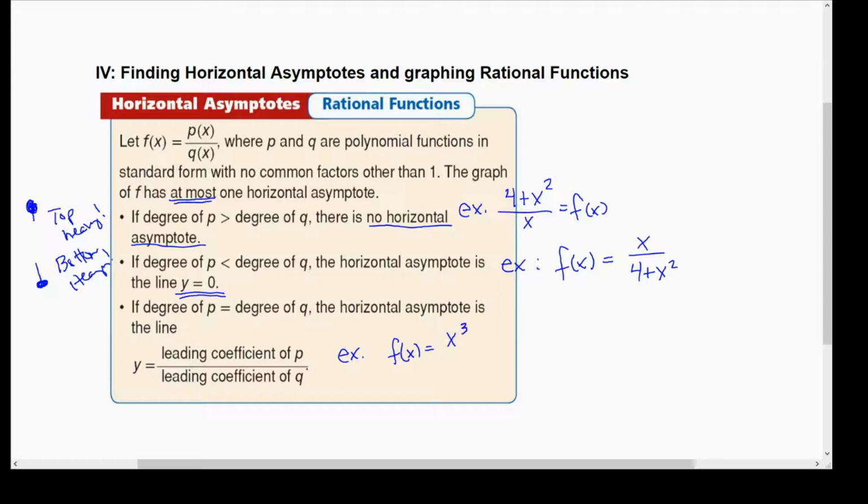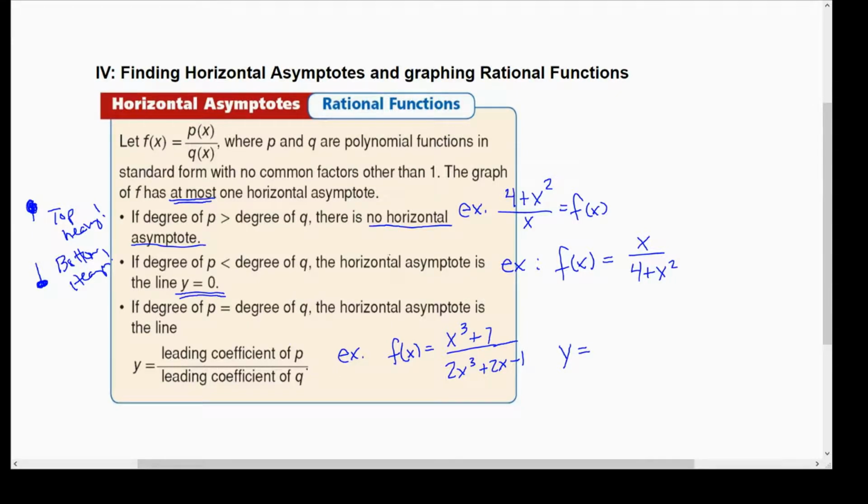I have x to the third plus 7, divided by 2x to the third plus 2x minus 1. There's no factoring or canceling that can be had. Since my degrees are the same, they're both 3, my horizontal asymptote is going to be y equals the leading coefficient of P over the leading coefficient of Q.